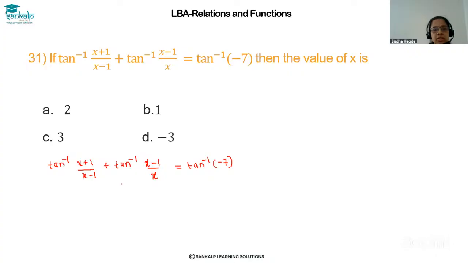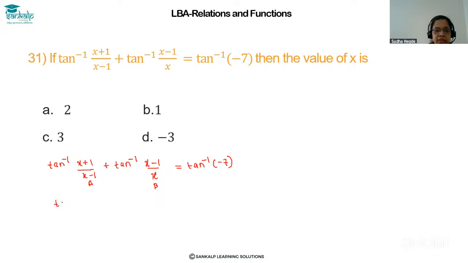What is tan inverse A plus tan inverse B? It is tan inverse of (A plus B) divided by (1 minus AB). So instead of A you have this, this is B. Apply the formula.